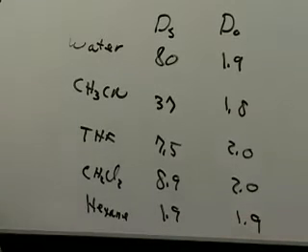Okay, so what you notice for hexane is that the static, the low frequency, and the high frequency dielectric constants are the same. So that will have no reorganization energy for an electron transfer.